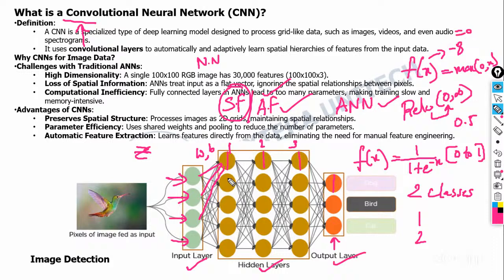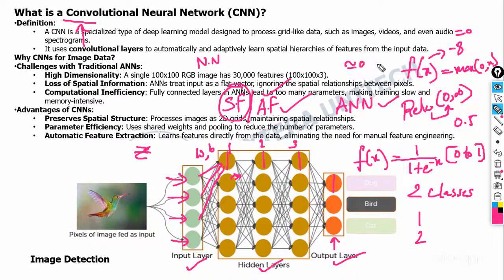If the activation output is 0, even if I multiply with the weight, again the value will be 0. What if the bias is very close to 0? Somehow your value will be very close to 0. So this is causing the neurons to die. The first and foremost disadvantage of using ReLU is dying neurons.